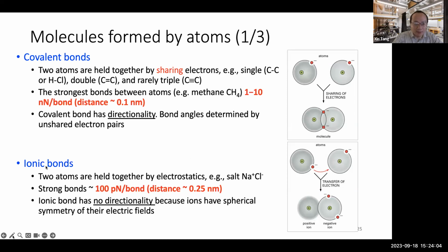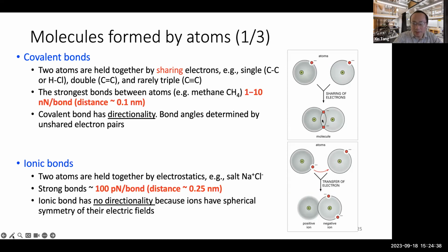The second important interaction is the ionic bond. The ionic bond is formed by two atoms held together by electrostatics. That always happens when two atoms have very dramatically different electronegativity. One kind of atom or element is very strong in attracting electrons, and the other is relatively weak.